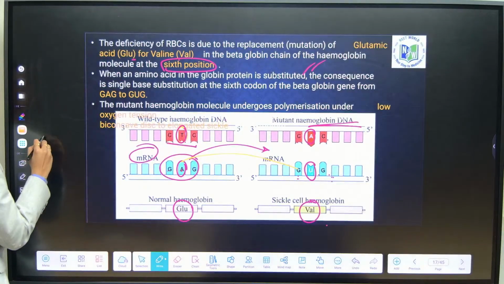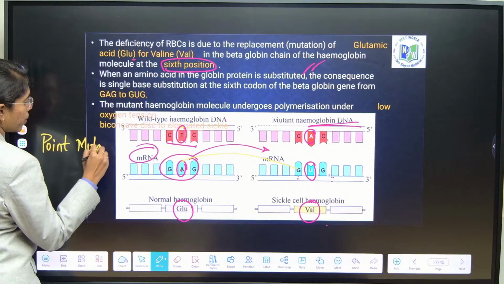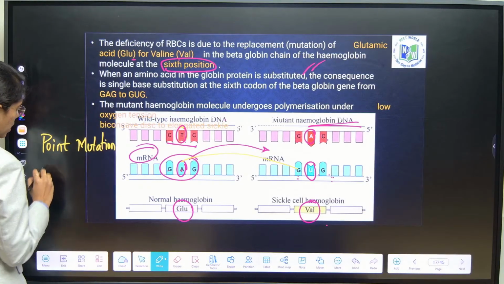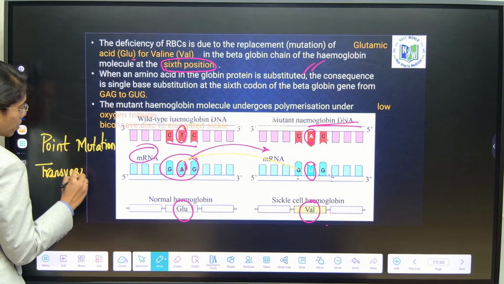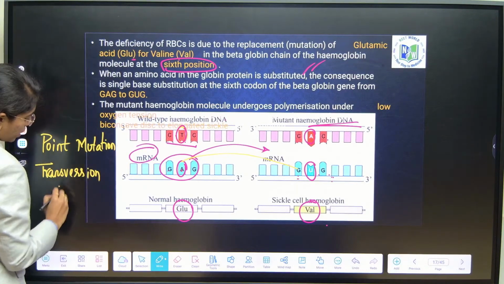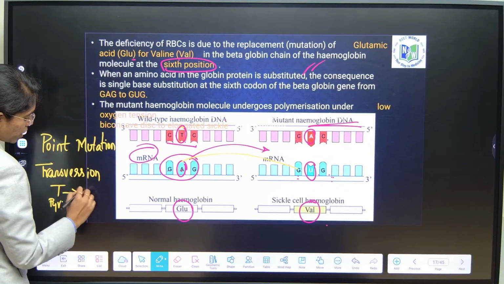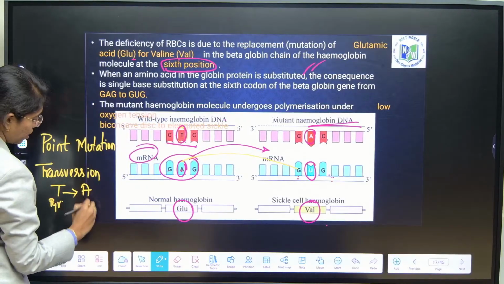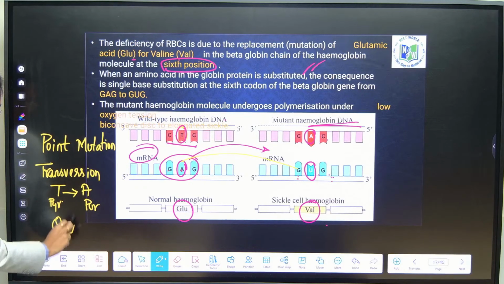It is a point mutation, only a single base is mutated. Point mutation, transversion, and mutation in a single base is resulting in this effect. This is qualitative.